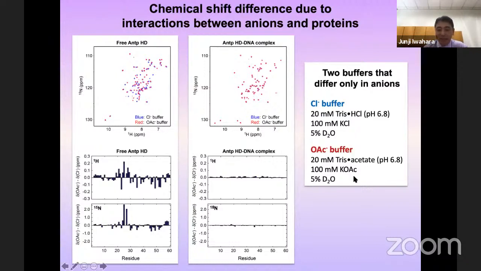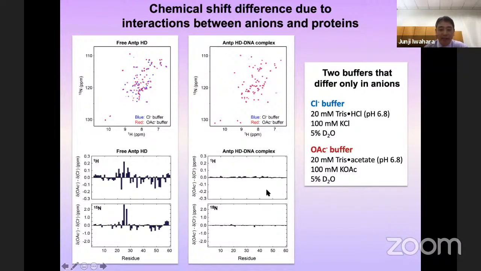And here we did such a study, and we used this buffer, and the only difference is chloride versus acetate. When we used these buffers for the free protein, we saw a lot of differences in chemical shift, but not for the complex. A reasonable interpretation of these data is that the protein is positively charged, so the difference in anions can make a huge difference.